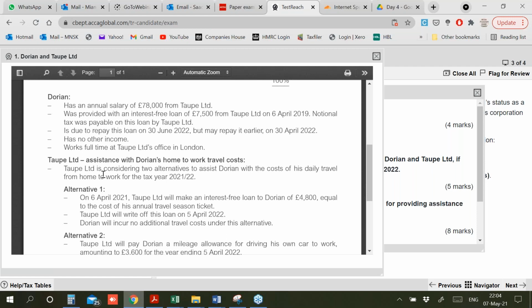Before that, I will tell you that home to work travel cost is not considered as performance of duties. So if your employer is paying for these costs, it will be a taxable benefit in kind.